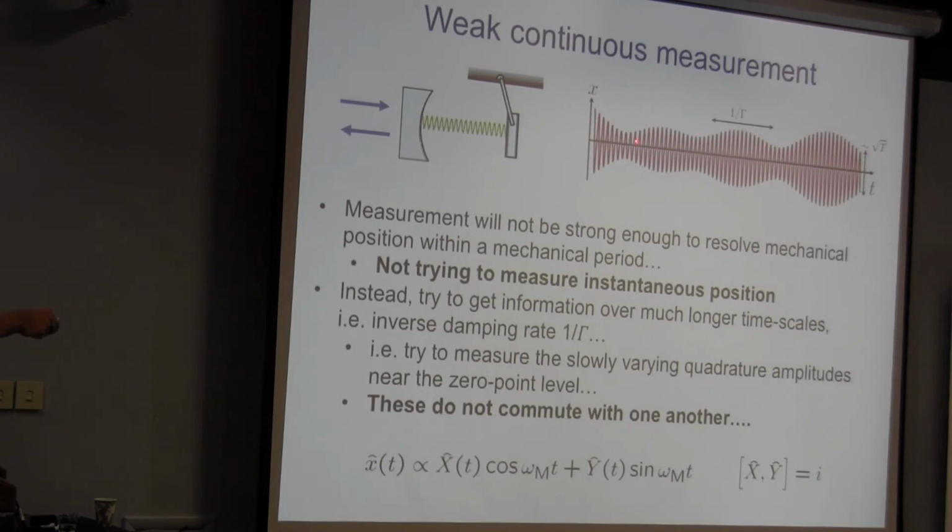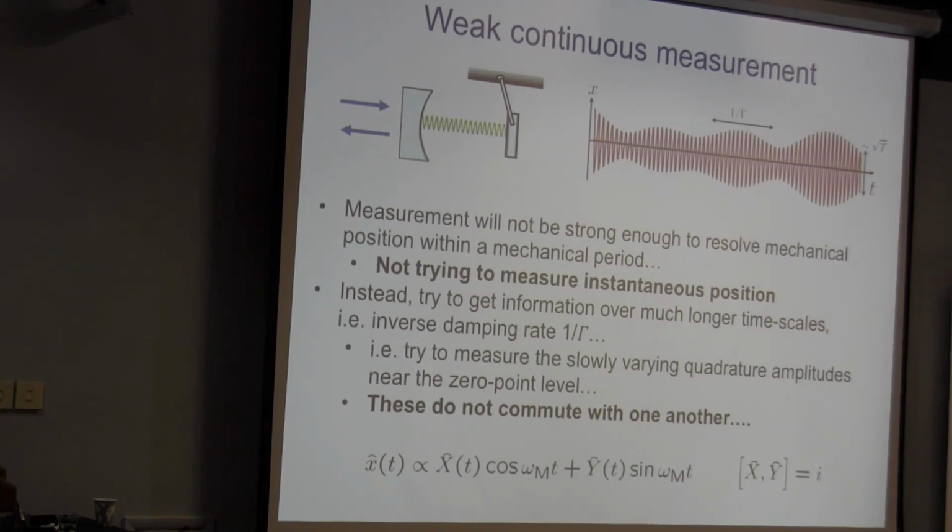And in terms of how quickly the envelope of these fast oscillations of the mechanical frequency changes, that's going to be set by the damping rate of the mechanical resonator, which is big gamma here. And again, what we're trying to do is not figure out at some instant in time exactly where the mechanical resonator is. That's hopeless here. What we'd rather like to do is just really follow the envelope of these oscillations.